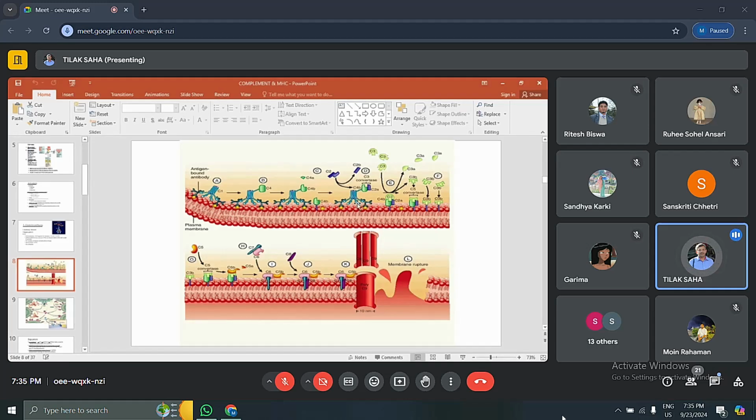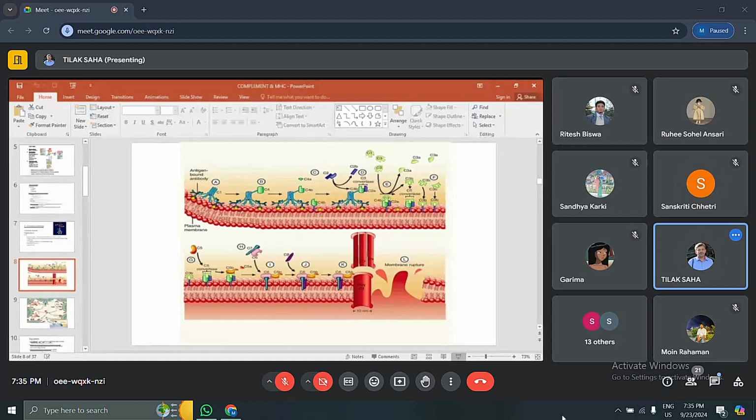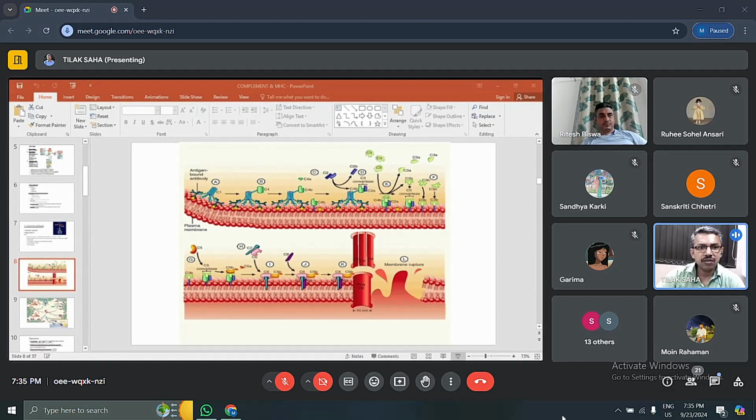The blue colored one? Yes, sir. Okay, so let me just enlarge this figure. Can you see this right now? Yes, sir. Okay, very nice.